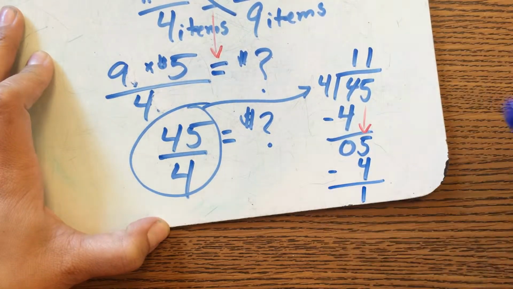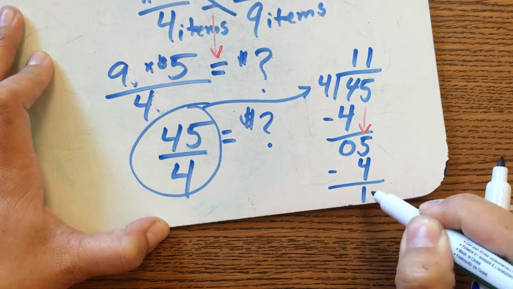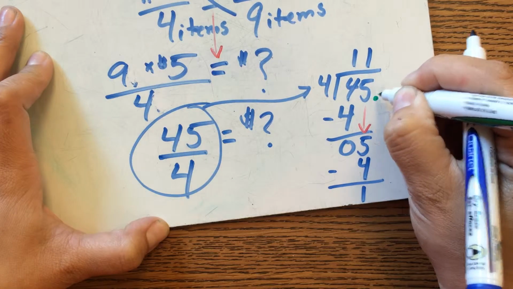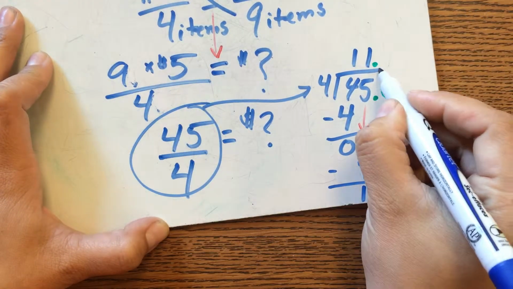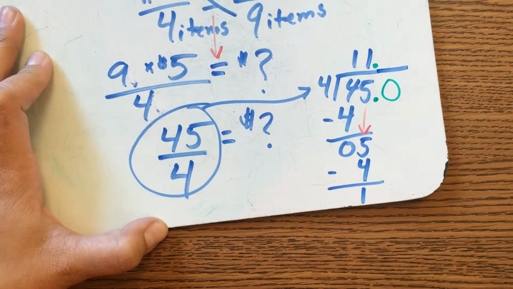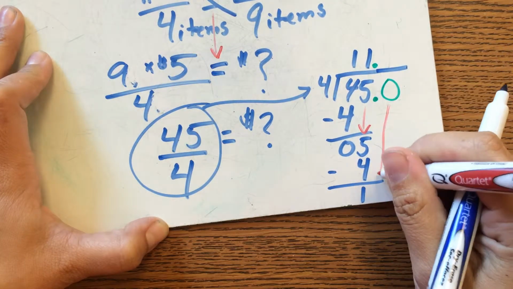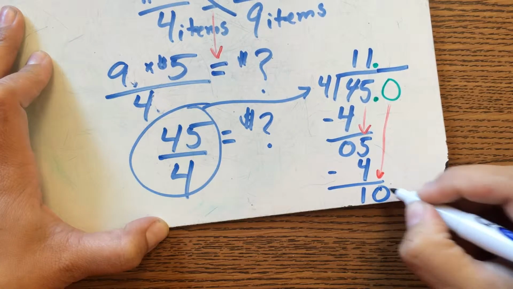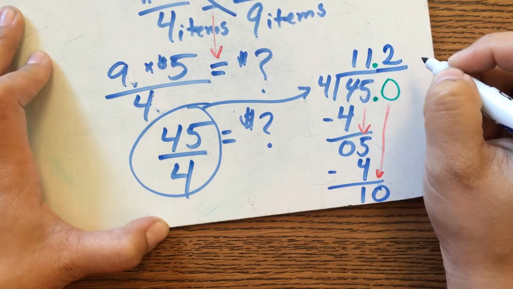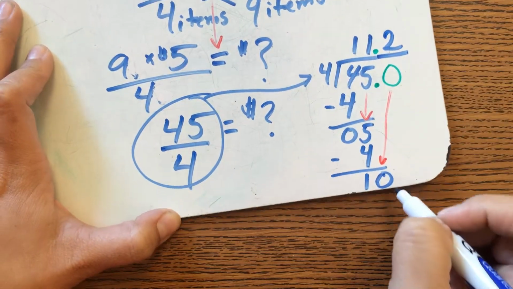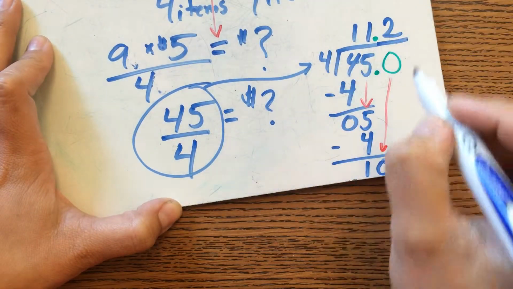You have a remainder of 1. Now we have to start adding decimal places because we have a remainder. 0.0 here, and I don't know what's going to come up on the quotient, so I'm going to leave that blank for now. Copy the 0. 4 goes into 10. How many times? 2 times. You would get a remainder of 2 because 4 times 2 is 8, right?